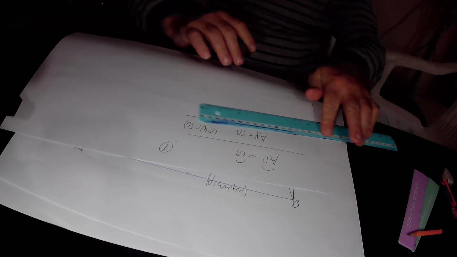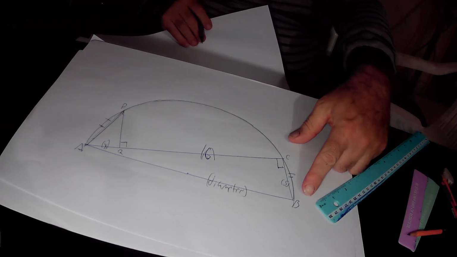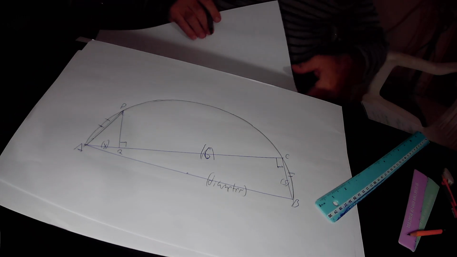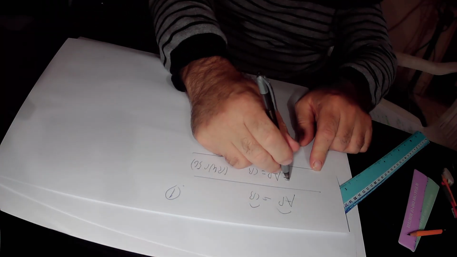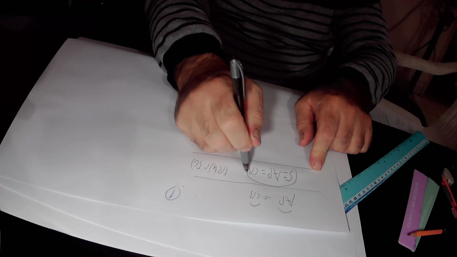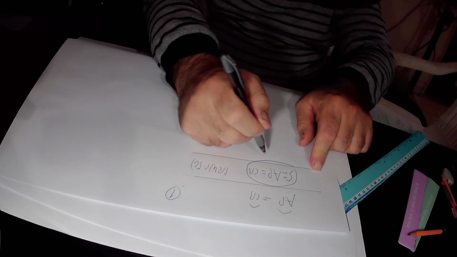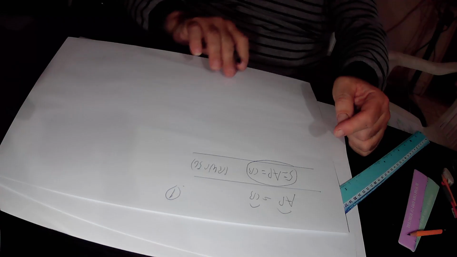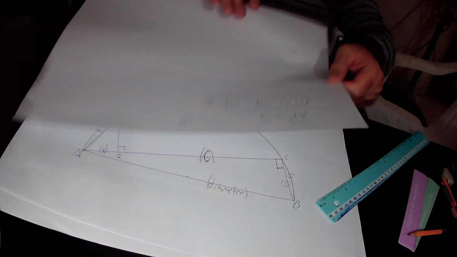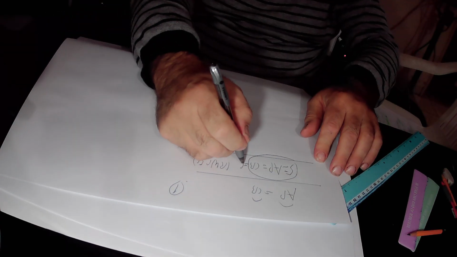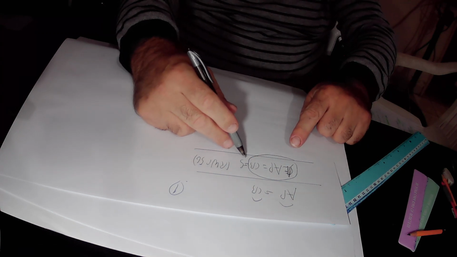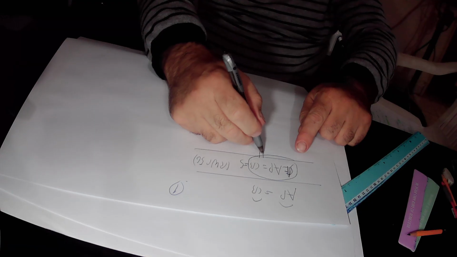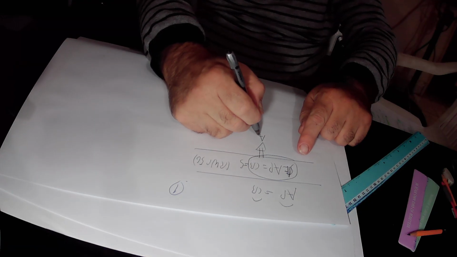But it is given in the question that this is chord CB, and it equals 5 units in its length. So we can write here that chord AP equals 5 units in its length. From this equation, AP equals CB, we derive that chord CB equals 5 units in its length, and chord AP must also be equal to 5 units in its length.